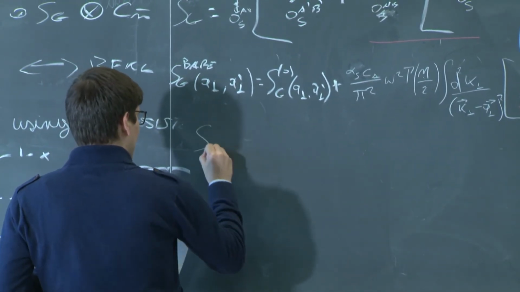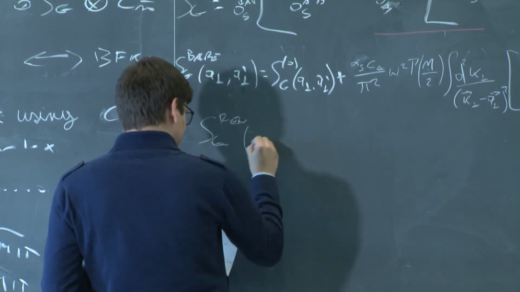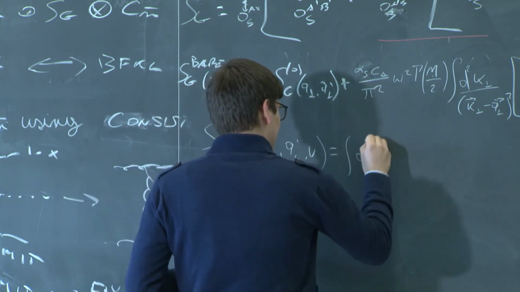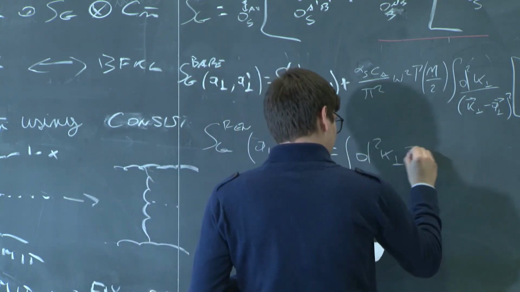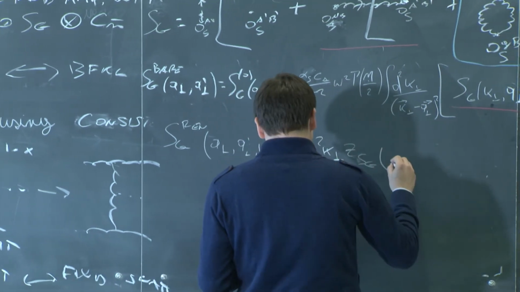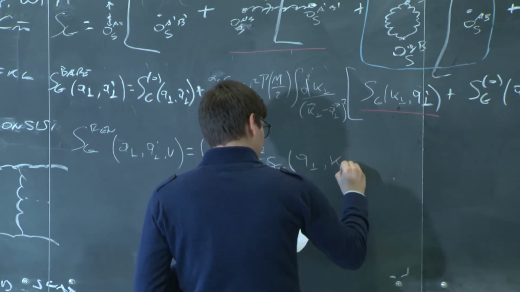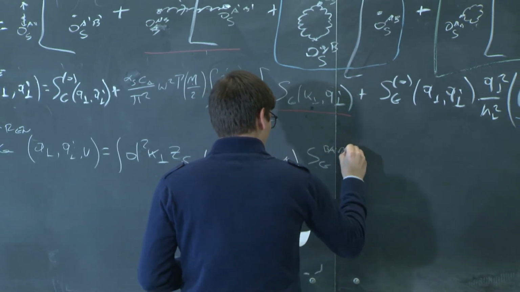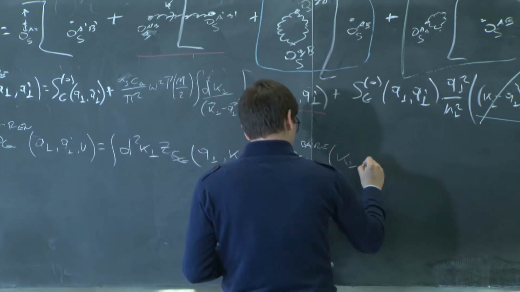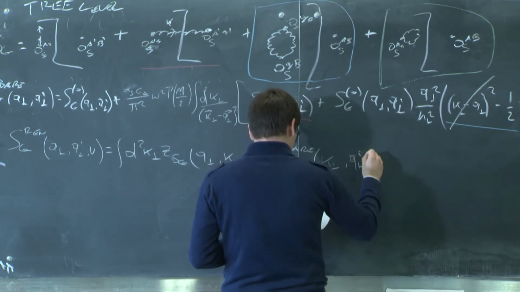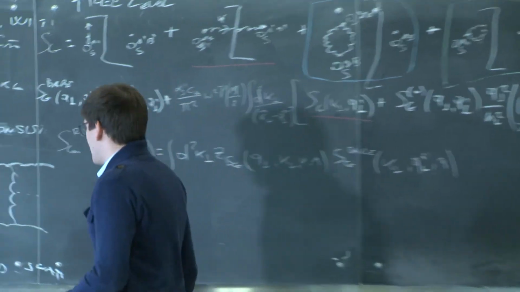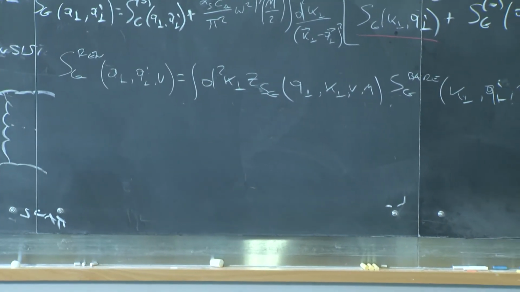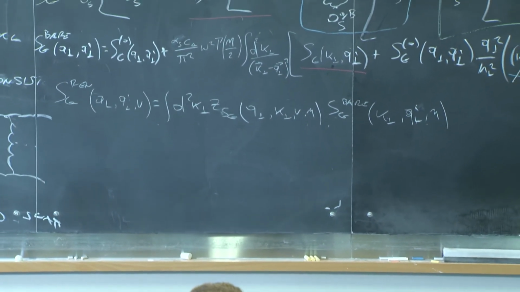And so I basically get S_G renormalized equal to this. Okay, so basically I have a convolution in the renormalization to get the renormalized function from the bare function.